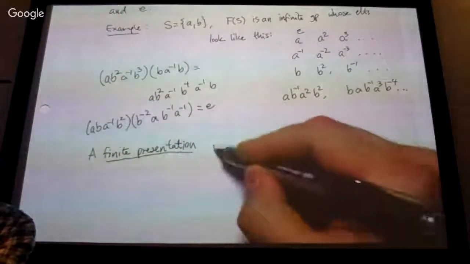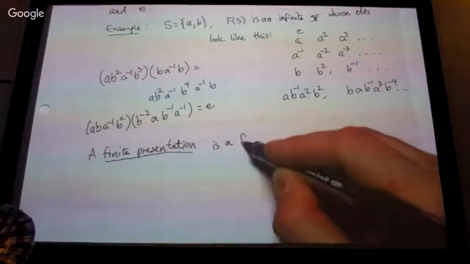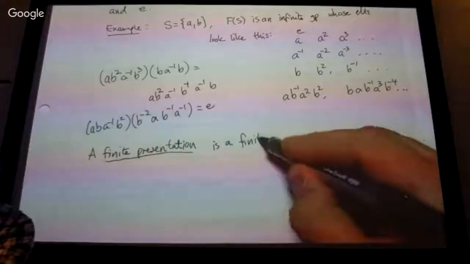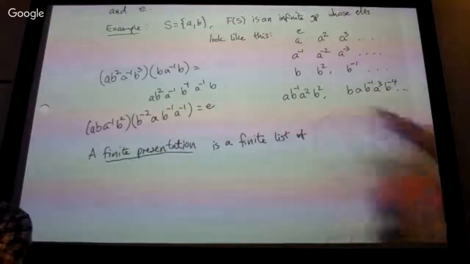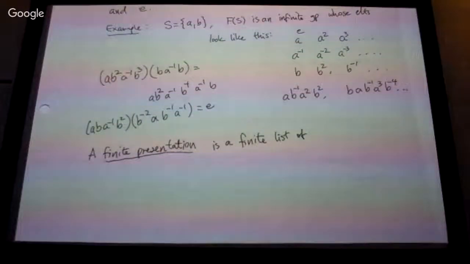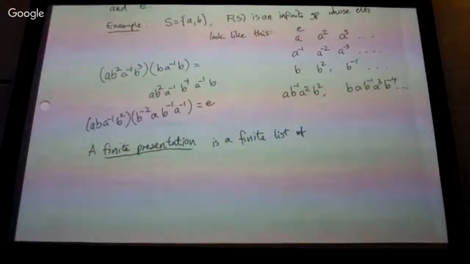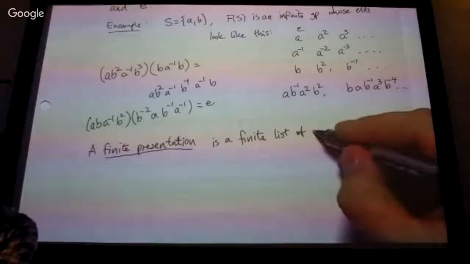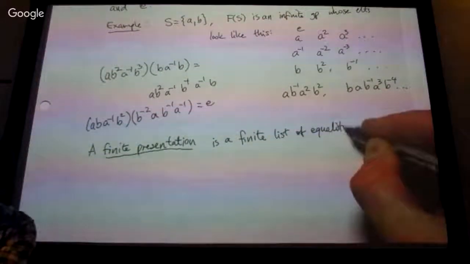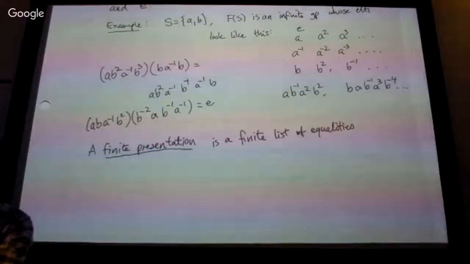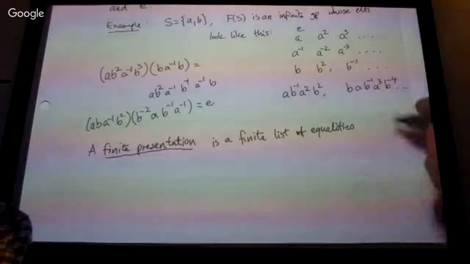of a group is a finite list of, well, I would say identities, but identity would be confusing because the identity is an element of the group, but a finite list of equalities that define the group.